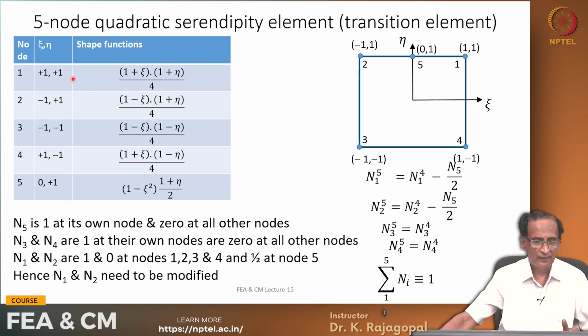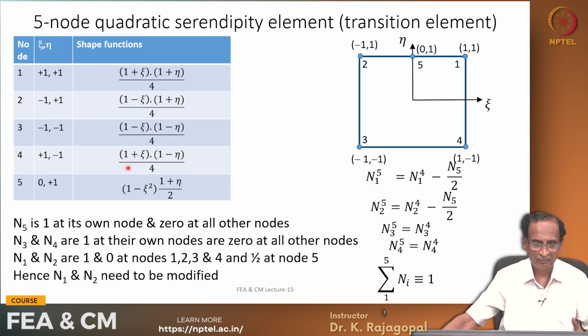At node 1, the shape function for the 4 node element is (1 plus xi)(1 plus eta) by 4, at node 2 it is (1 minus xi)(1 plus eta) by 4, at node 3 it is (1 minus xi)(1 minus eta) by 4, and at node 4 it is (1 plus xi)(1 minus eta) by 4.